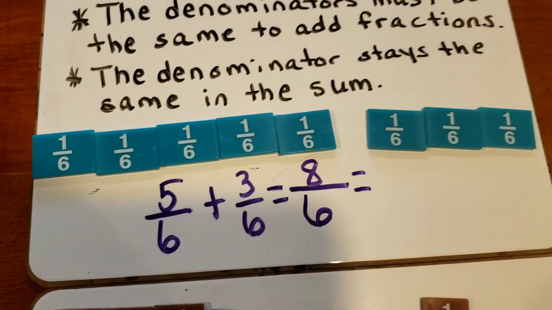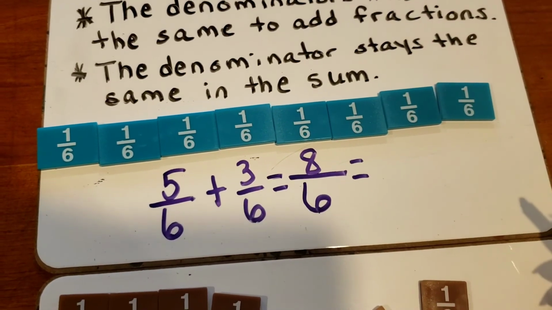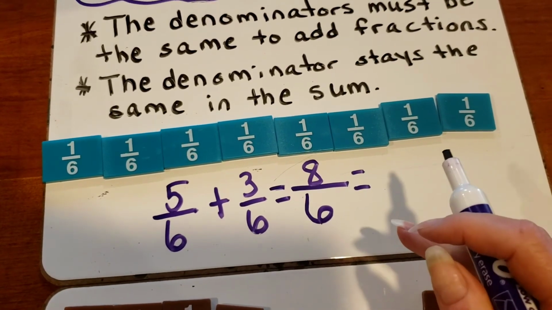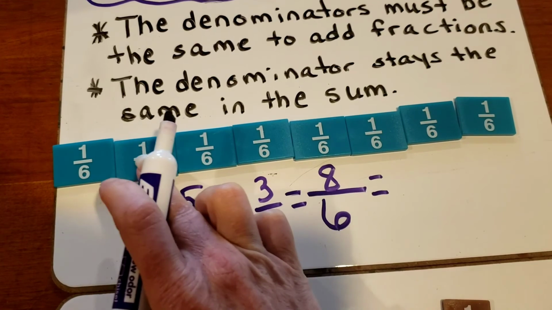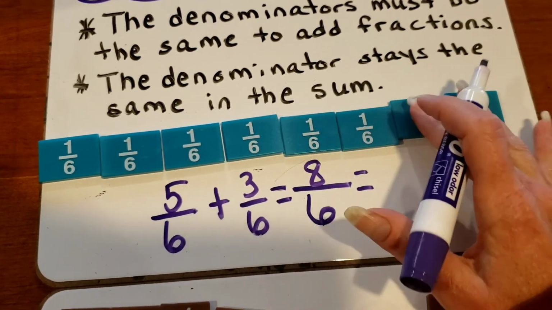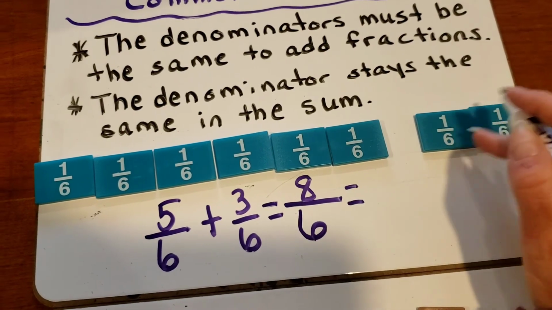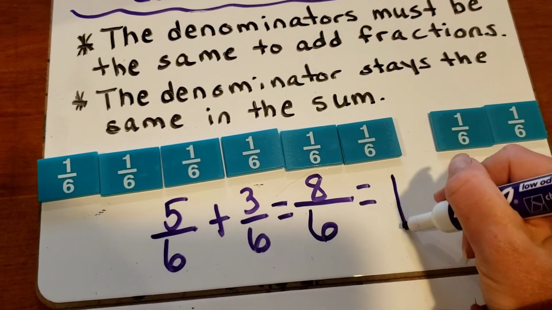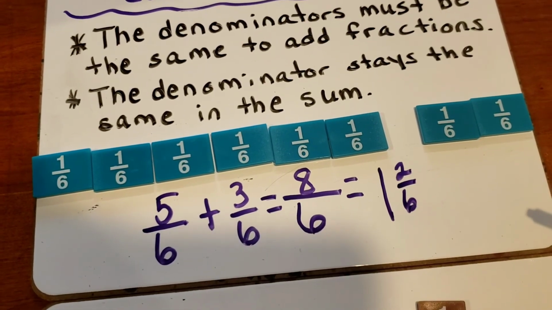When I'm putting these together, and I have 8/6, which is a little unusual, I have to think about how many parts are in the whole. So there are 6 parts in the whole, 1, 2, 3, 4, 5, 6. So that is my whole. I have 1 whole, and I have 2 parts that do not fit into that whole. So I have 1 whole and 2/6 left over.